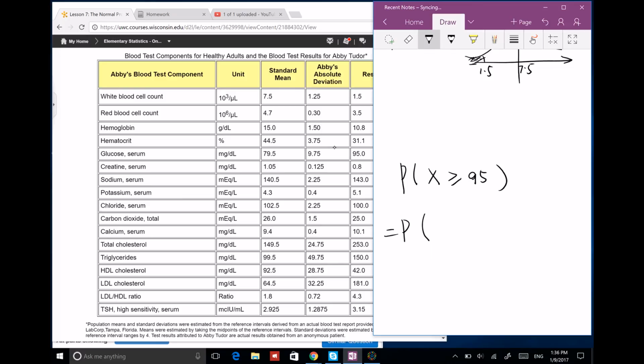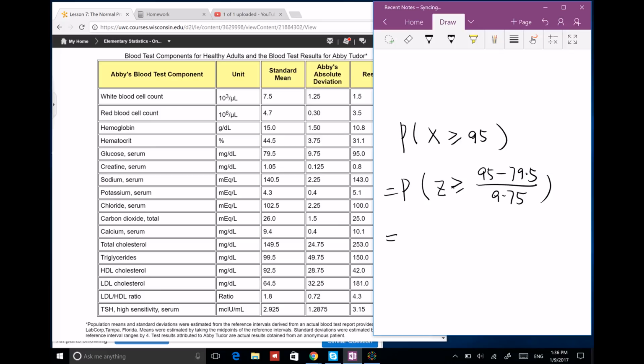Now we look at the z-score: z bigger than or equal to (95 minus 79.5) over 9.75. So 95 minus 79.5 divided by 9.75 gives 1.59.